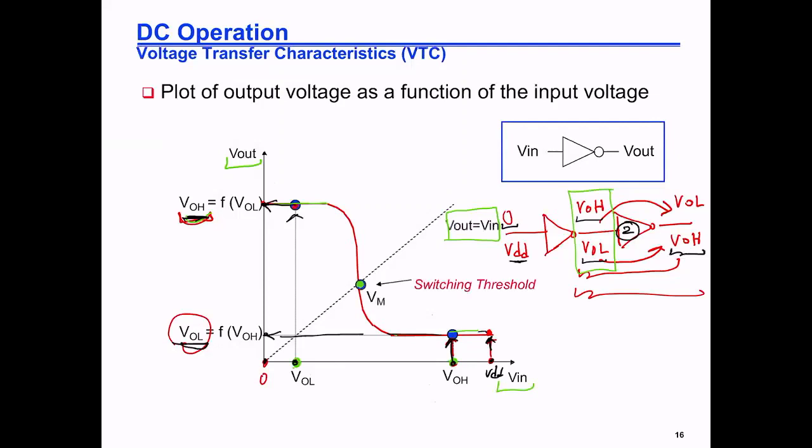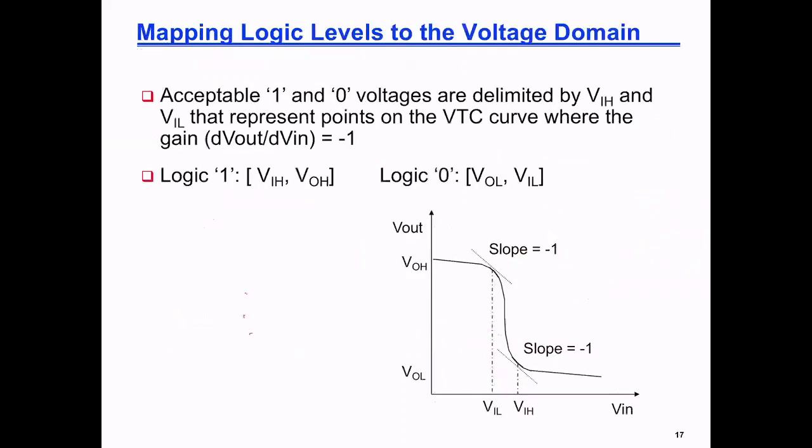So really, my input logic is really going to operate between VOL and VOH. And those values are going to translate to input logic 0 and input logic 1.